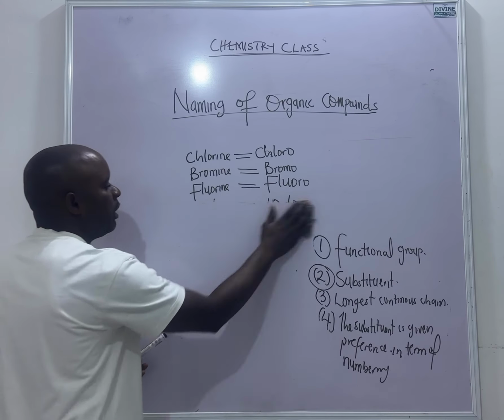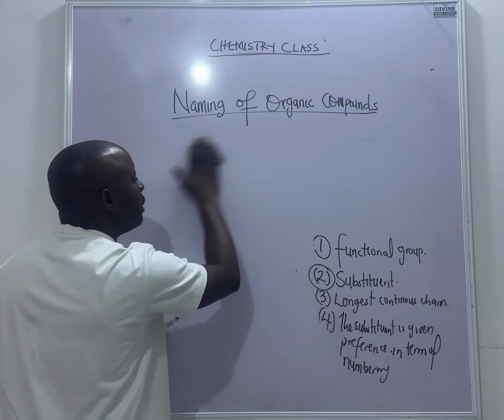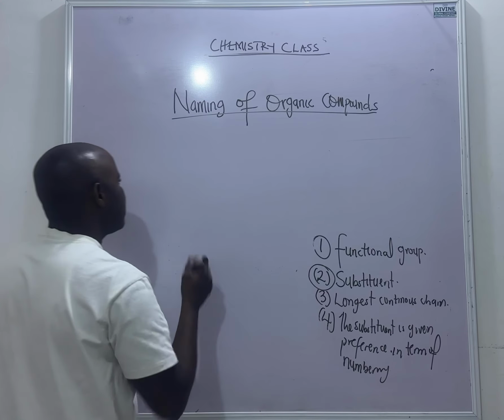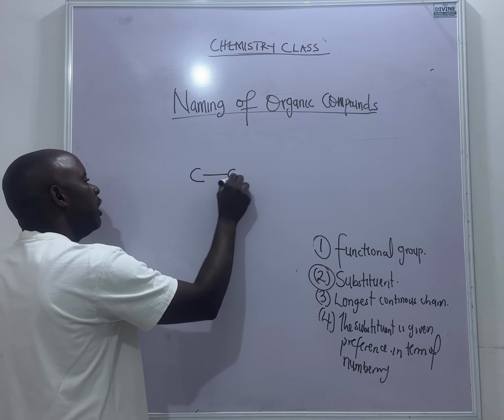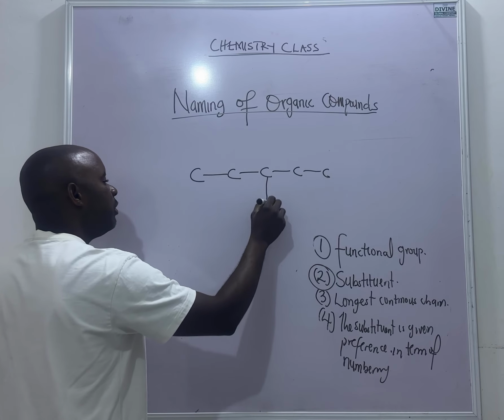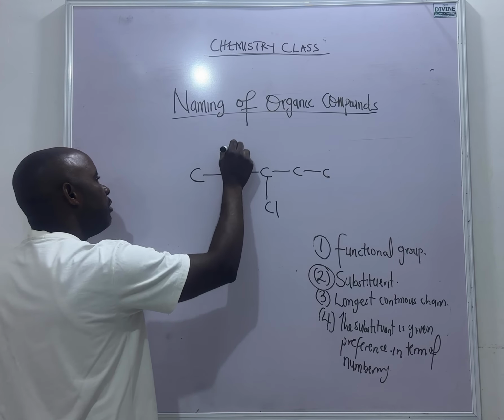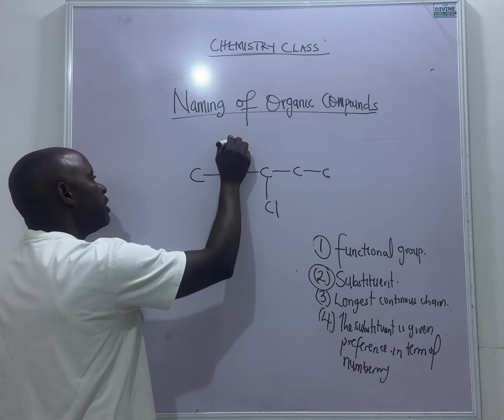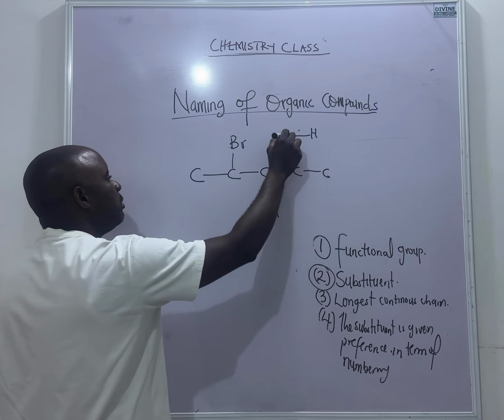So let's make use of another example. We have C, here we have chloro, here we have bromo, Br. Here we have a methyl group.